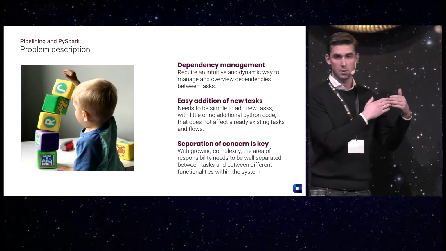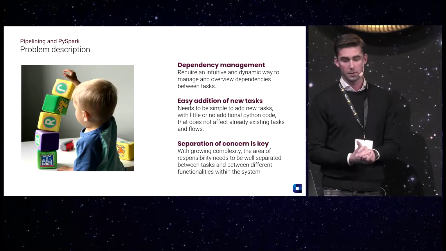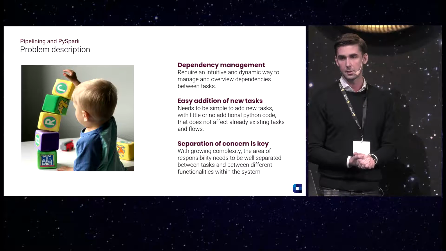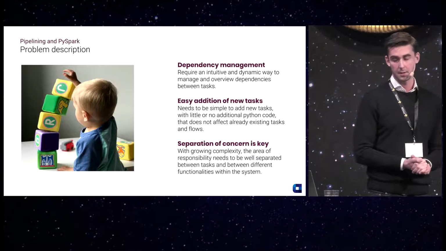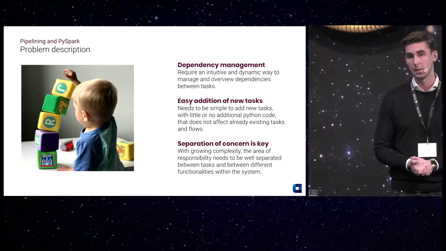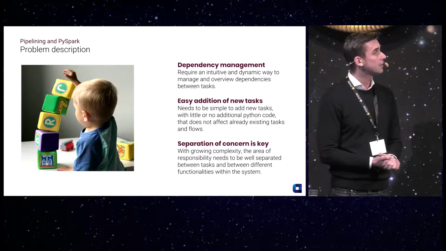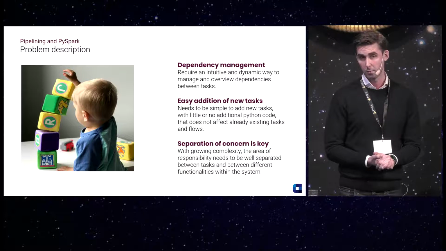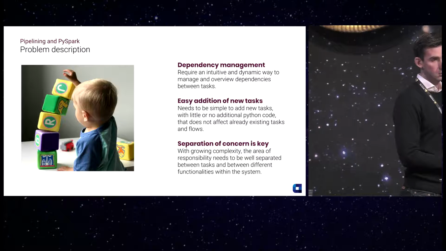So there is a natural dependency between tasks. So what is required here is a very intuitive and dynamic way to both manage and overview the dependencies of your tasks and your jobs. And I would also like to add that it should be really, really easy to add new tasks to your pipelines. And you shouldn't need much Python code to add a job.